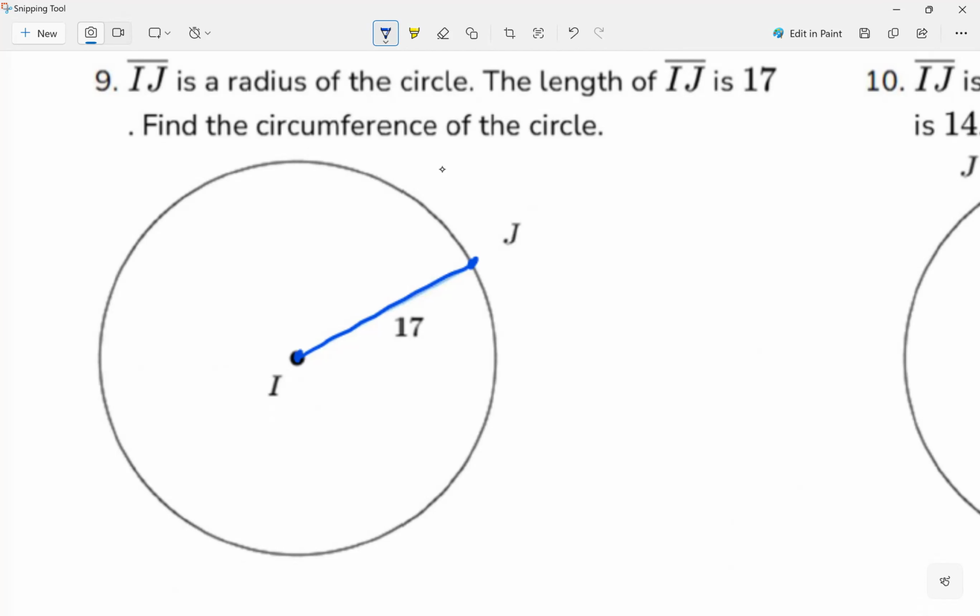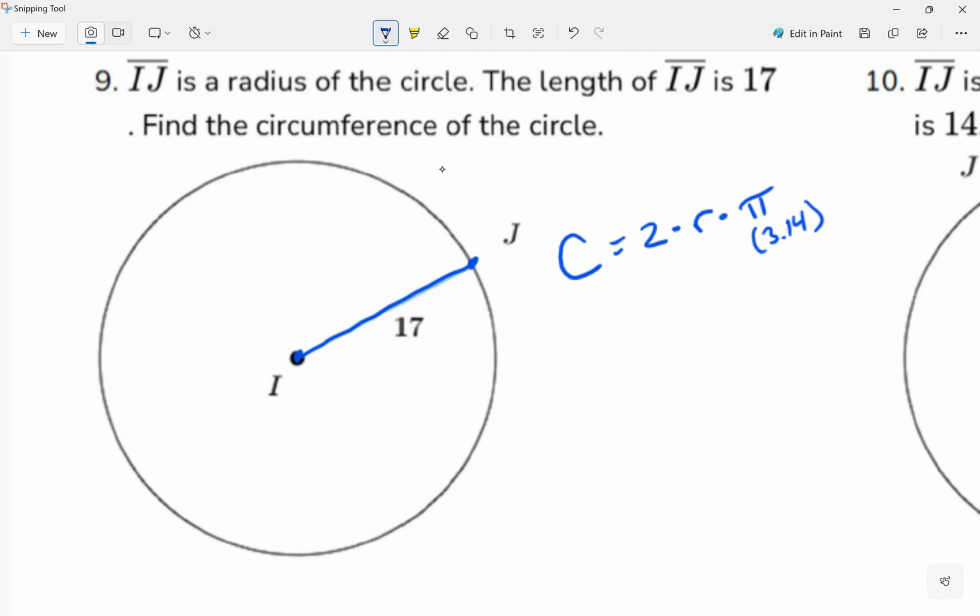So I remember the formula: circumference is equal to 2 times the radius times pi. Now, for pi, you can use the pi symbol on your calculator, or if we're going to use decimals, we can use 3.14. Either way, it'll be okay.